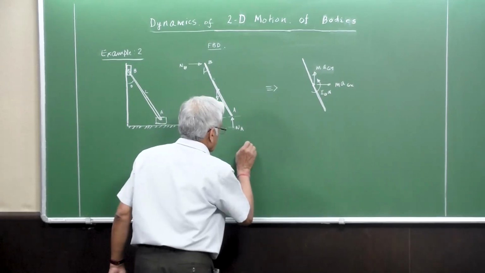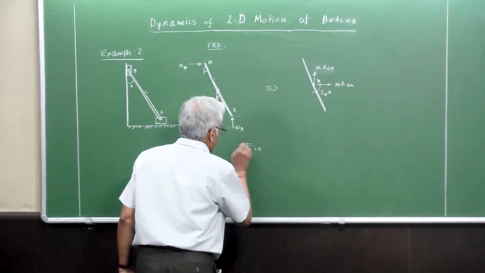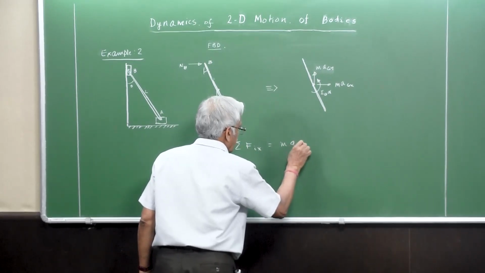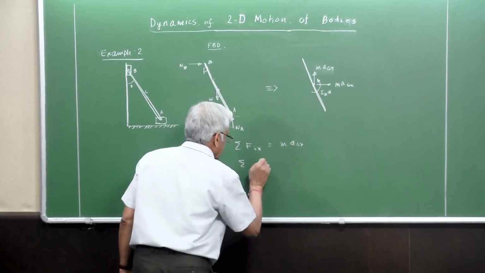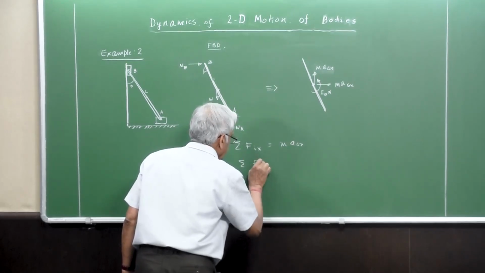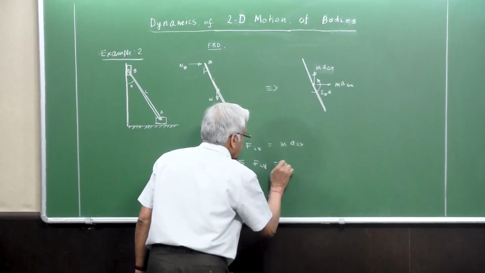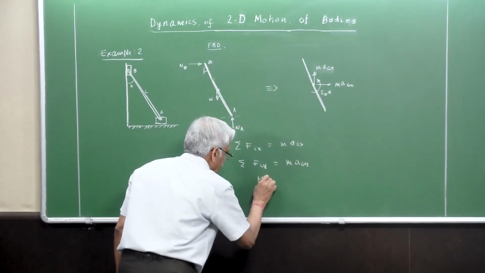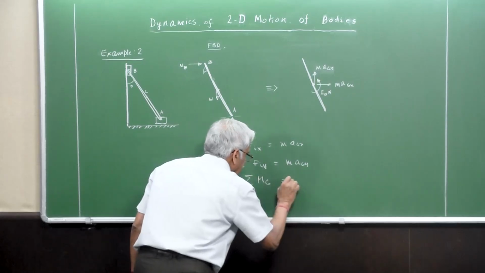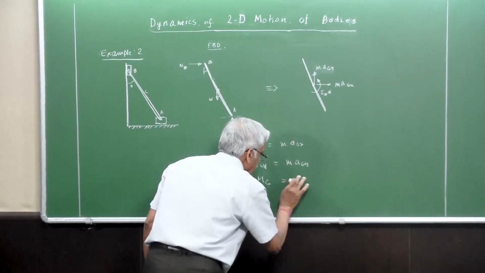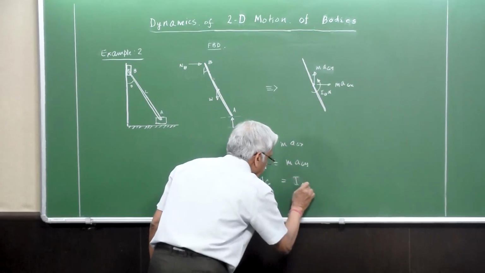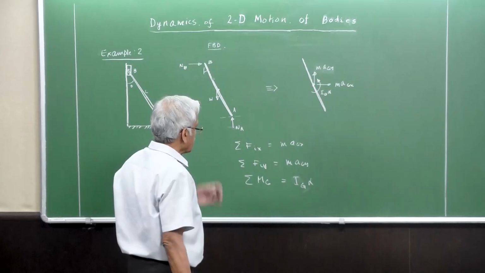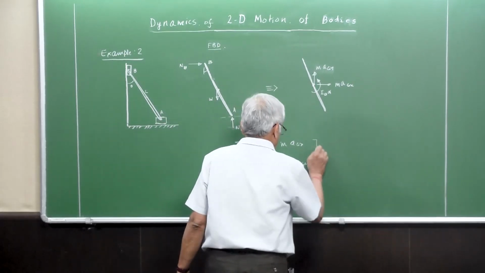The three equations are: summation of all the forces in x direction, this is the x equation, and this is the y equation, and moment about G. Okay, so these are the three equations.